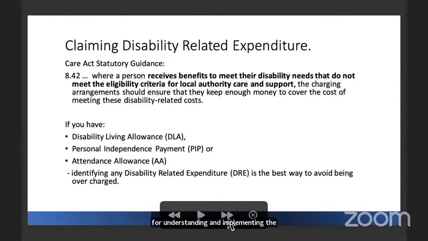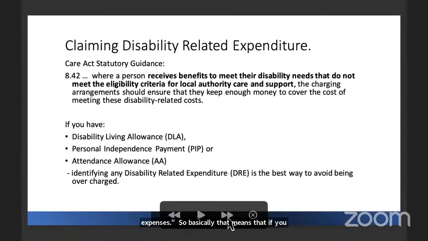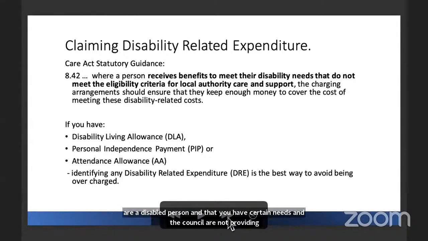And as Svetlana mentioned, one of the key points is 8.42, and that says, where a person receives benefits to meet their disability needs that do not meet eligibility criteria for the local authority care and support, the charging arrangements should ensure that they keep enough money to cover the cost of meeting those disability related expenses. Basically that means that if you're a disabled person and you have certain needs and the council are not providing those needs, when you have the financial assessment, you must be left with enough money to cover those needs.